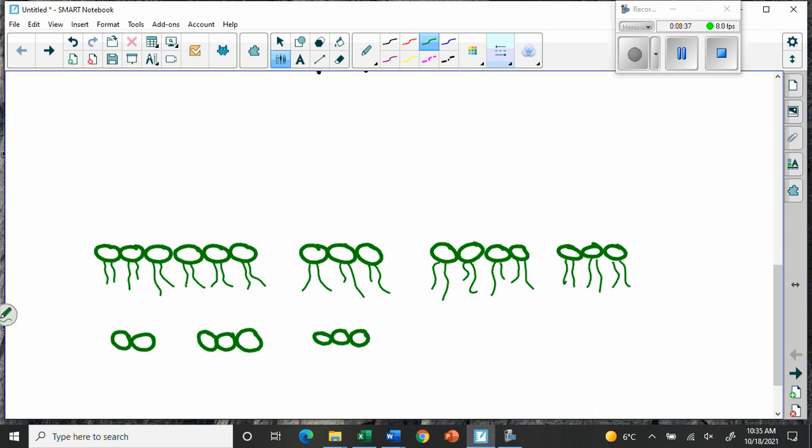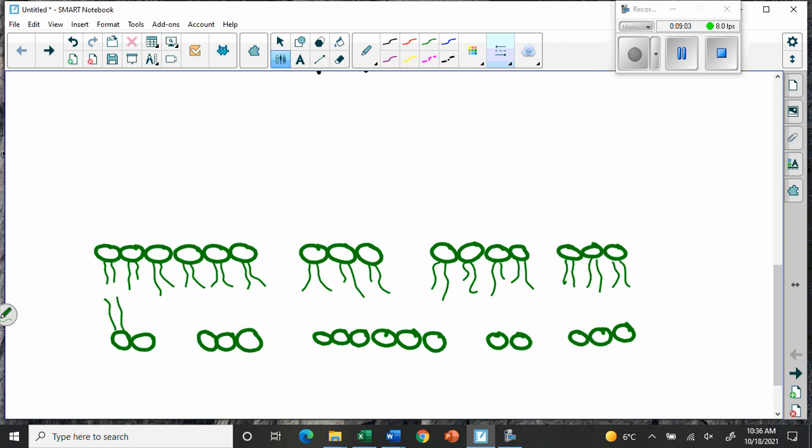Put in some more circles. Maybe we'll keep going here, and we'll put another one right there, and then we'll line up that space there. So some of the spaces are lined up and some are not. You see that? And then I'm going to put their tails on. And their tails, of course, go up because they're making this lipid bilayer.